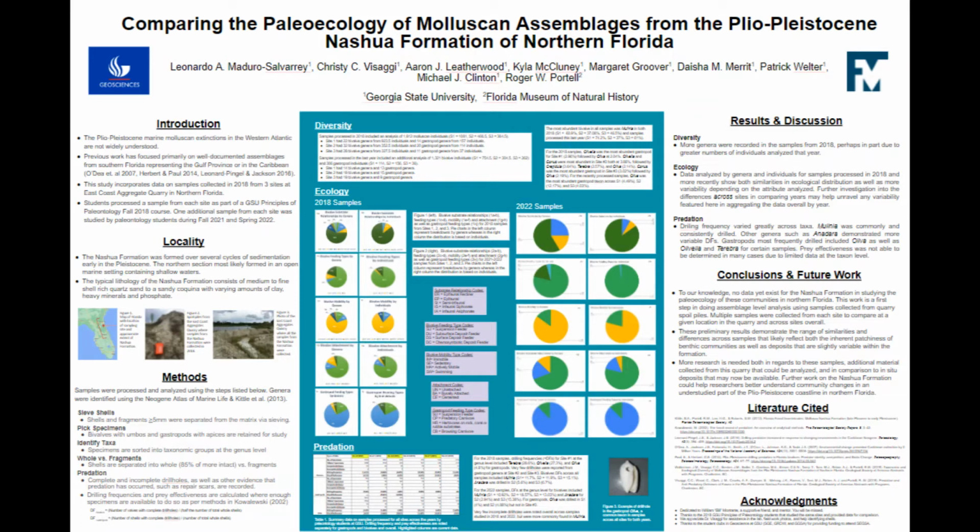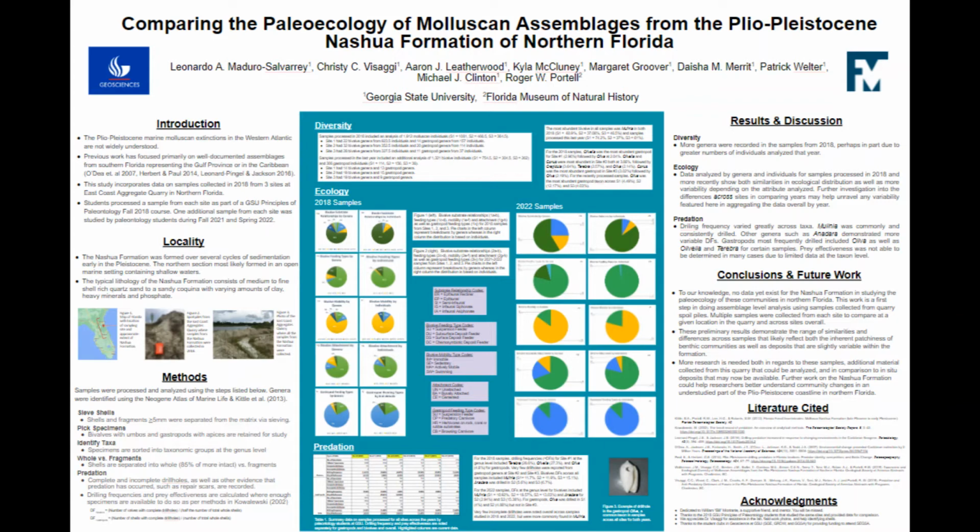And what this might mean when we move to results and discussion is that the 2018 samples were on average, due to time averaging, slightly older, and this can be inferred due to the occurrence of these extinctions during the Plio-Pleistocene border, because fewer genera, so a loss in biodiversity and a decrease in individuals, is often an indicator of an extinction event, thus indicating the relative ages compared to each other.